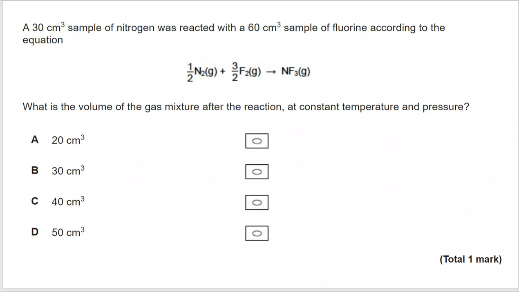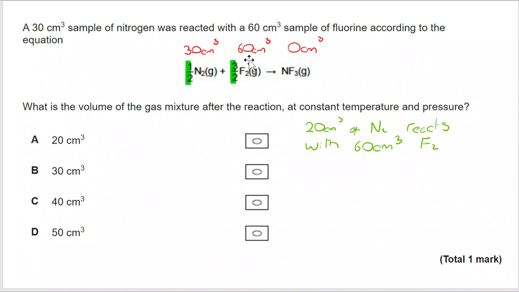And again, there's a lot to take on board here. We started with 30 centimetre cubed of nitrogen, 60 centimetre cubed of fluorine. Now, these are gases, and we know that at a fixed temperature and pressure, so standard temperature and pressure, we would have a fixed volume. The volume is proportional to the number of moles. So, I have got 30 centimetre cubed of nitrogen.